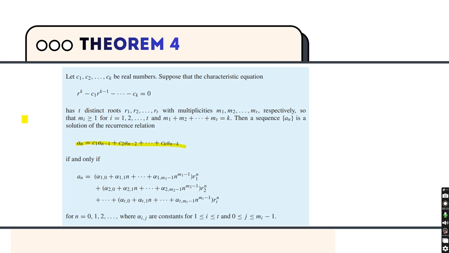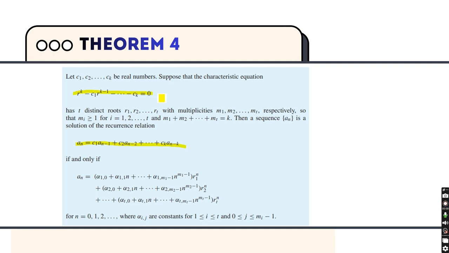So again, ang first gid nato nabuhaton is we will have to form the characteristic equation wherein we will replace the value of an is equals to rn, and then take the recurrence relation and create its characteristic equation. So we would derive into this equation, which is just a polynomial equation whose roots determine the pattern of the solution. And then we will compute the roots, which are the R1, R2 up to RT.